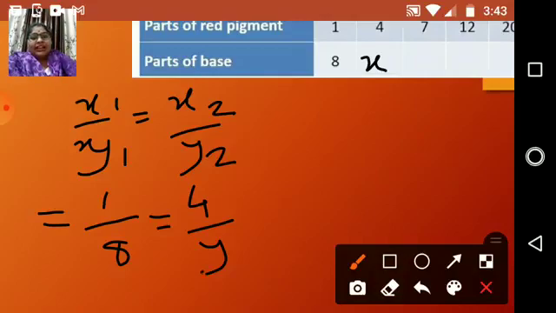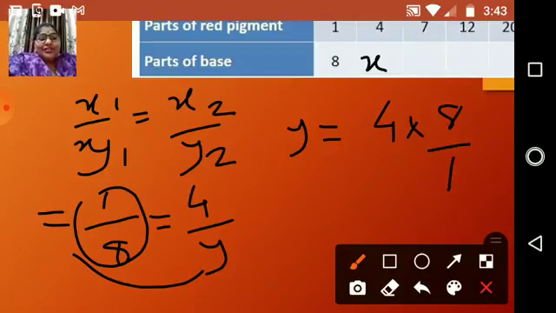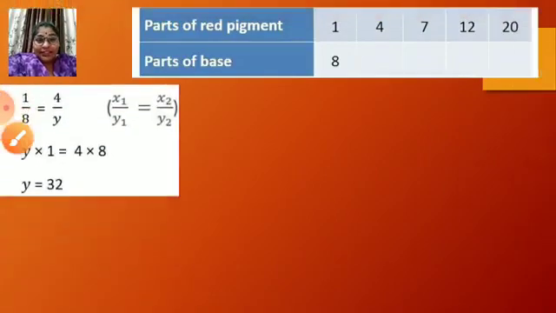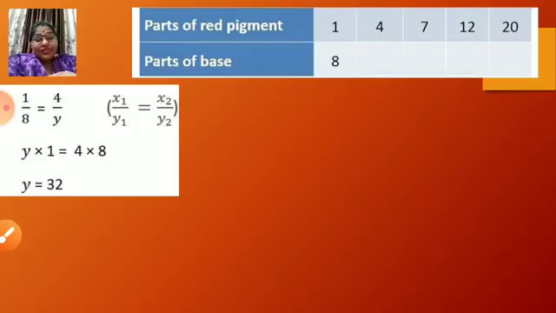Now this y I will transpose it to bring it in the numerator. So y will be equal to 4 and 1 upon 8, if I transpose it to the right hand side, it will become multiplied by 8 upon 1. Right? So 4 8s are 32, children. So here you can see now we have taken the ratio x1 upon y1 is equal to x2 upon y2, and we have found the unknown thing, that is y.